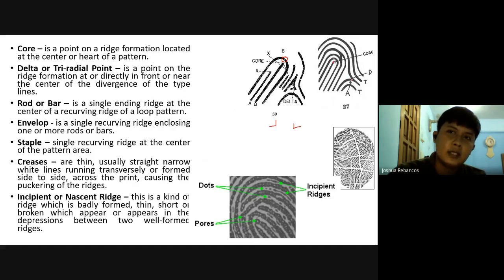And ito yung delta. Then, mag-draw ka ng imaginary line. Bibilangin mo kung ilang ridge ang madadaanan nitong imaginary line. 1, 2, 3. So, we have 3 ridge count. 1, 2, 3.